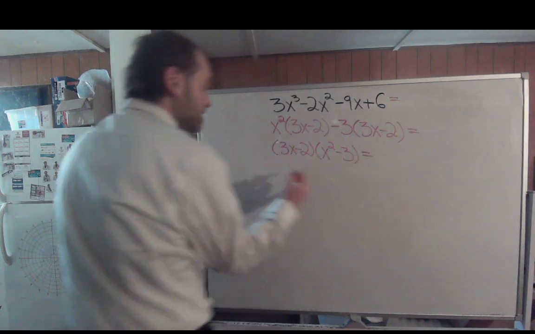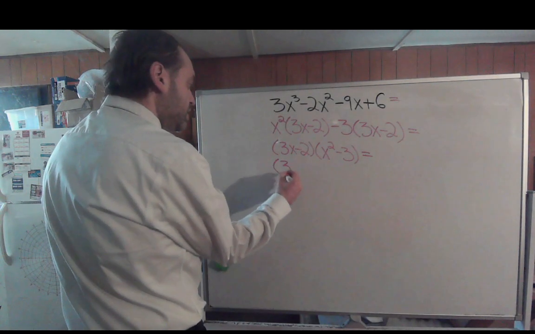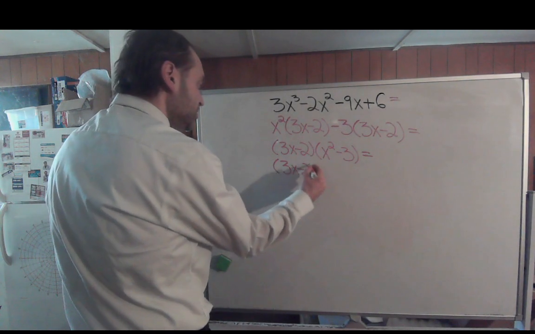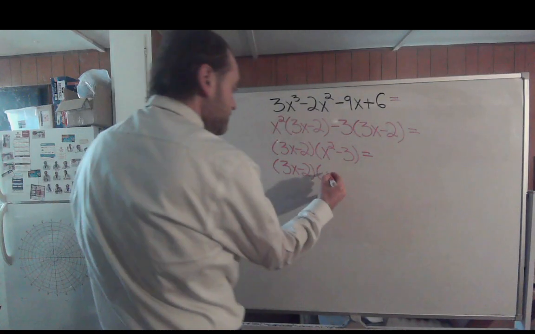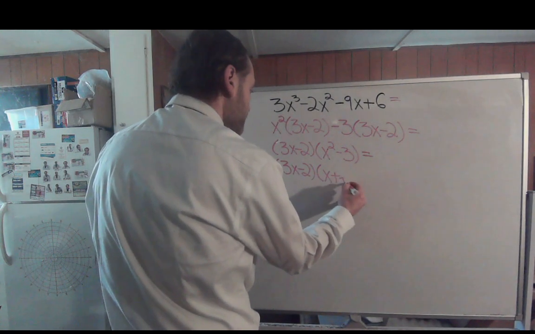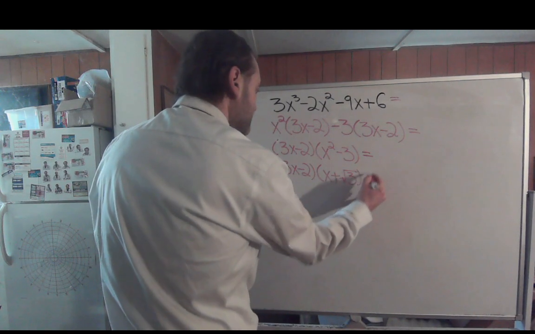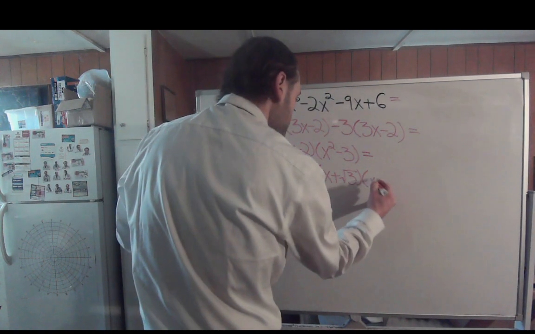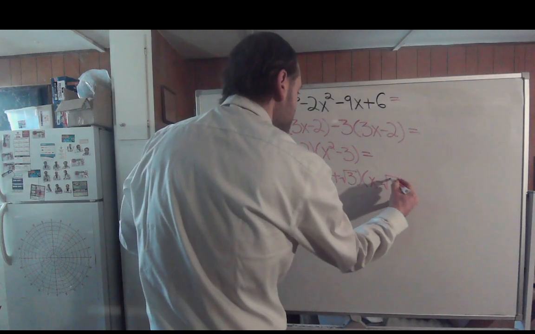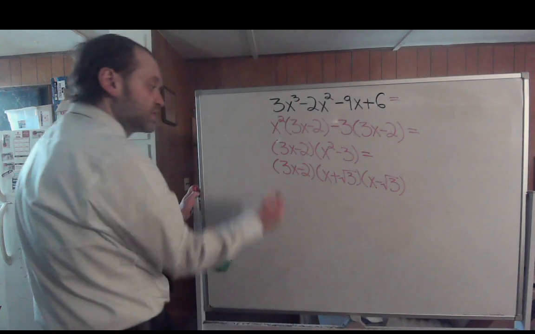So this will factor further into the quantity of 3x minus 2 times the quantity of x plus the square root of 3 times the quantity of x minus the square root of 3, considering we have a difference of squares.